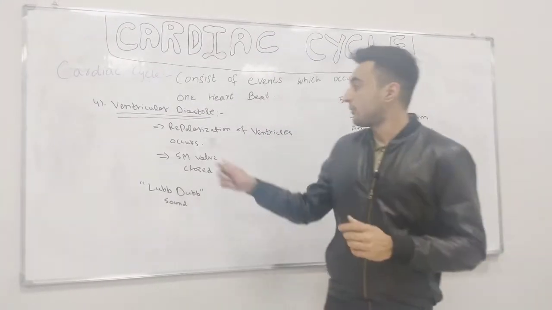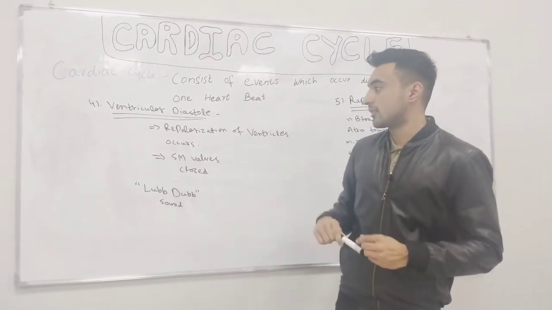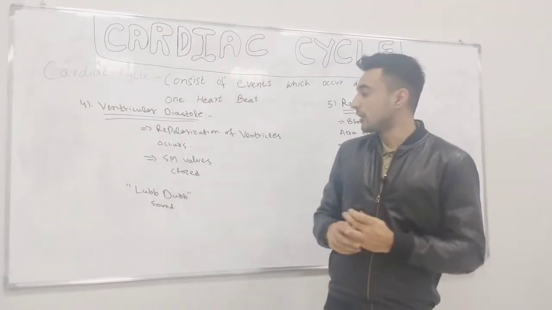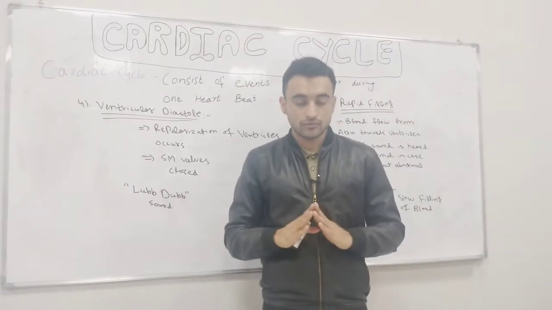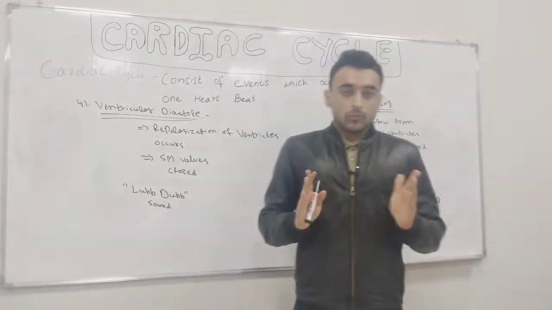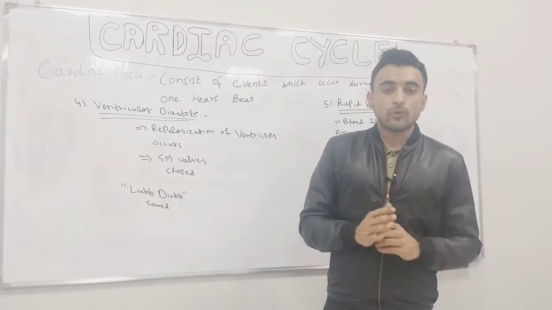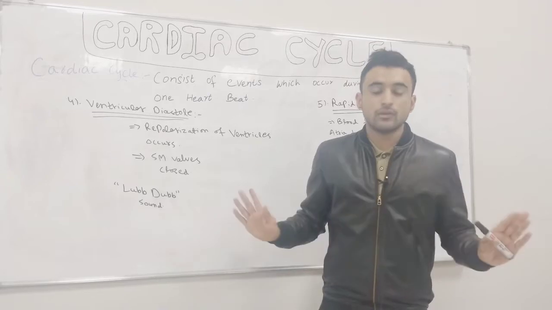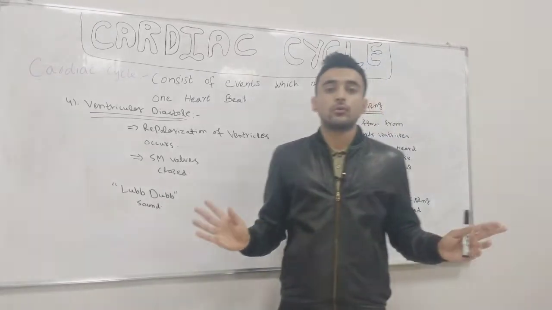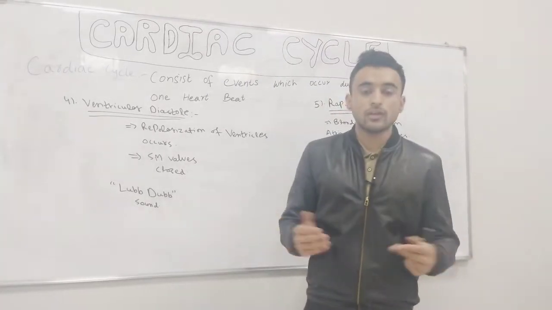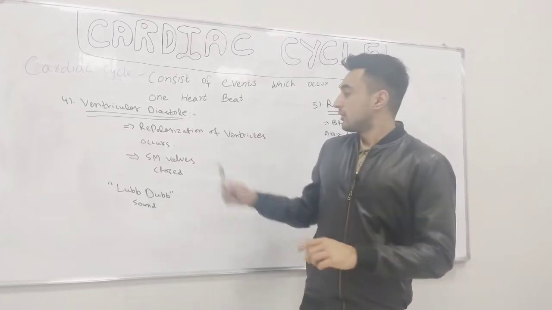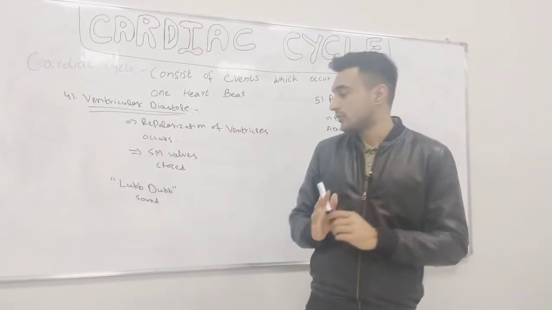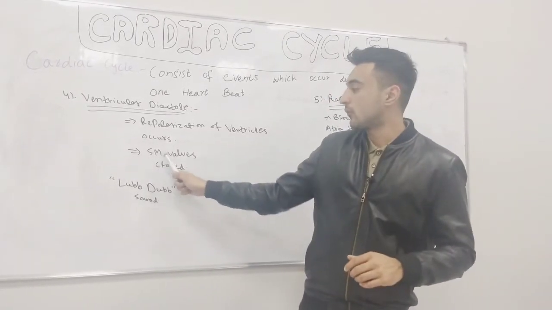Now the repolarization phase of the ventricles starts during the ventricular diastole, and the ventricles relax again. The semilunar valves are now closed, because the blood is no longer flowing from the ventricles towards the aorta, as the pressure gradient has vanished. So the blood flow has stopped, followed by the closure of the semilunar valves.